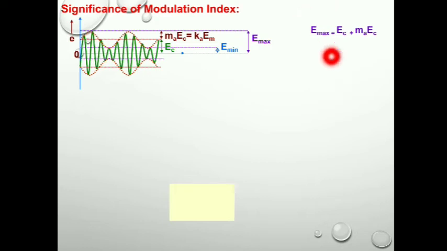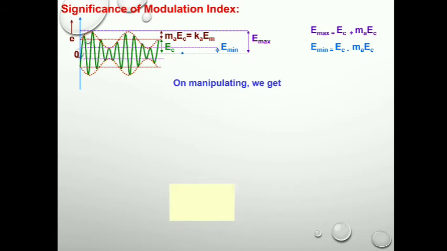Yes, this is the maximum amplitude of the AM wave, right? And this is the condition for E minimum, the minimum amplitude of the modulated signal, EM equal to EC minus MA into EC, right?